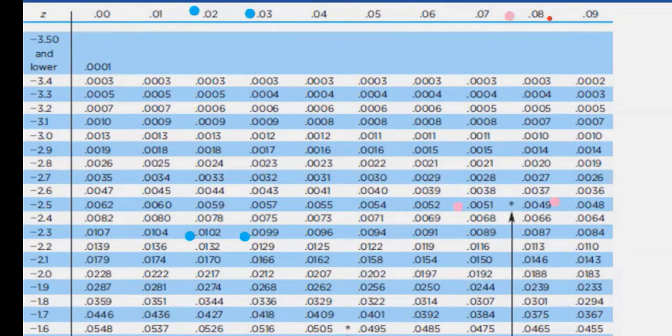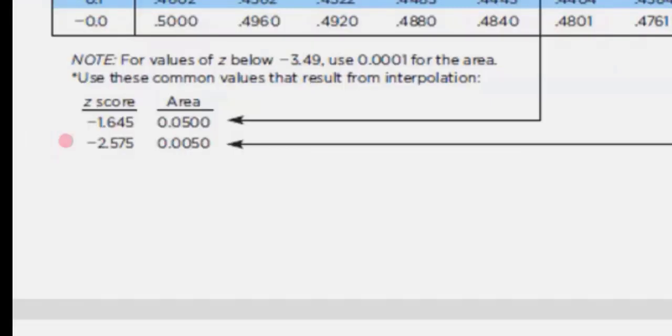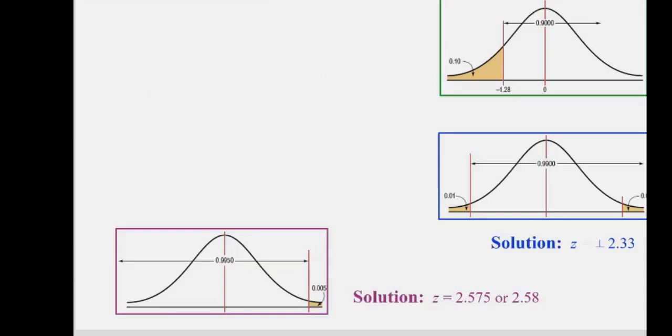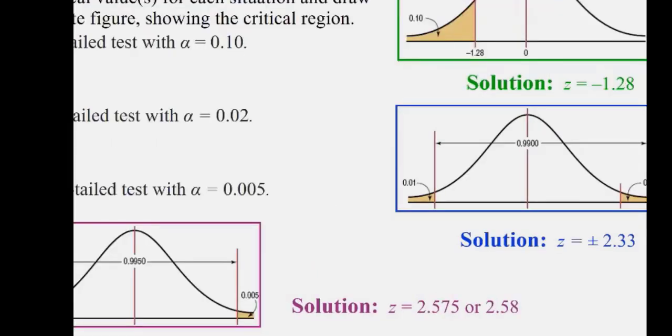Now take a look. In fact, I want you to look at this arrow. Look at this arrow, and let's come down. Because it's one of those common numbers we come across, it's given to us as negative 2.575. Because this is negative 2.575, this must be positive 2.575. And we have the answer.